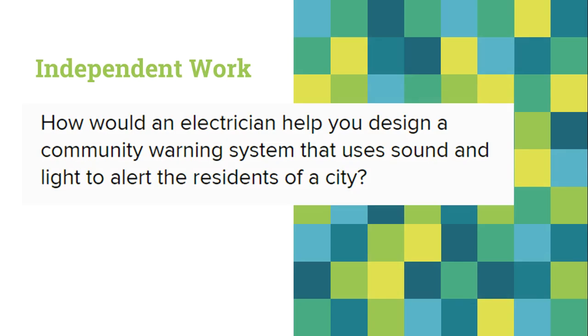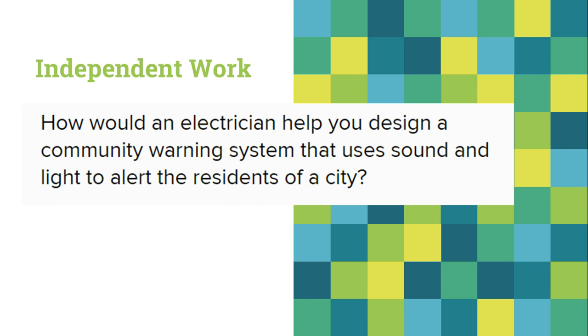All right, so for our independent work at the end of this page, we will see this question. How would an electrician help you design a community warning system that uses sound and light to alert the residents of a city? All right. As a module project at the end, we're still missing one more lesson to get to work on that.